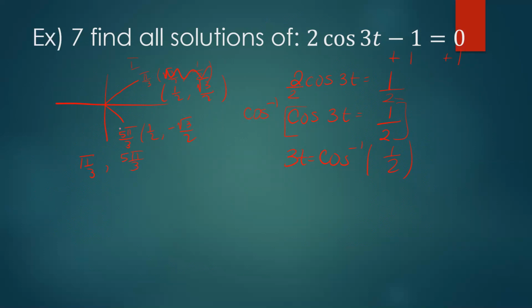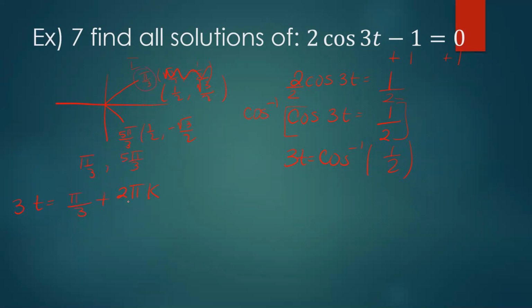Now, remember the 3t doesn't go away, so you could set the first equation as 3t equals pi over 3 plus 2 pi k, right? Because they want all the solutions. So here's pi over 3. If you go around one unit circle, you would end up at the same place.